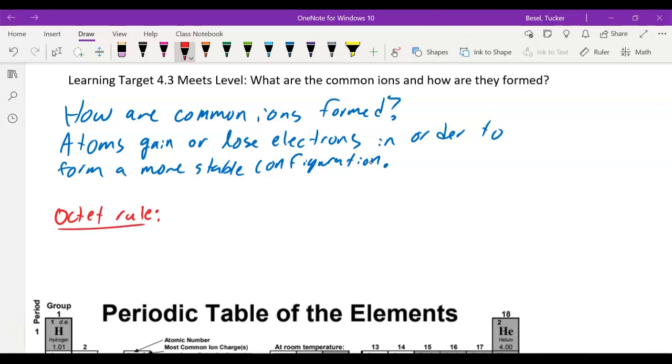The octet rule just says that atoms have a tendency to prefer a full valence level of electrons.